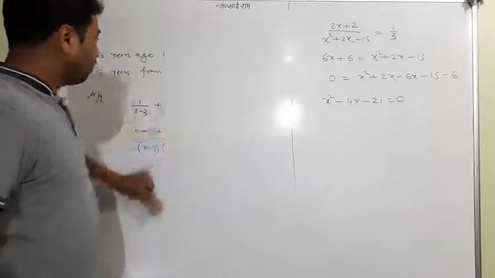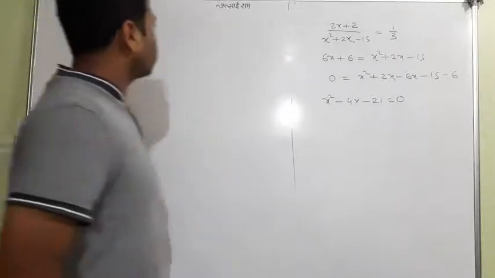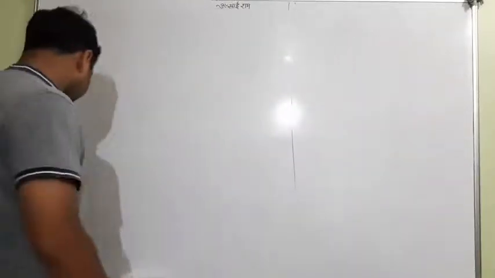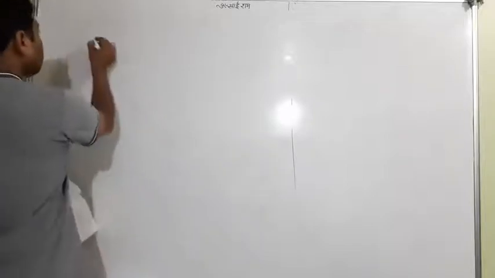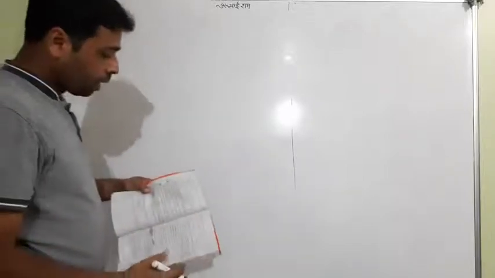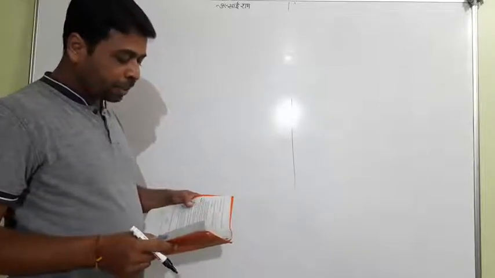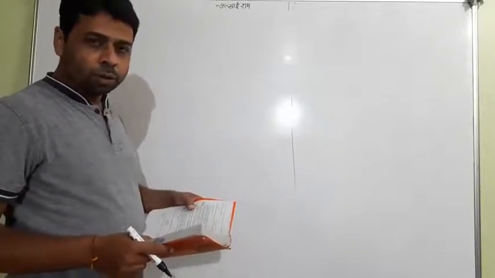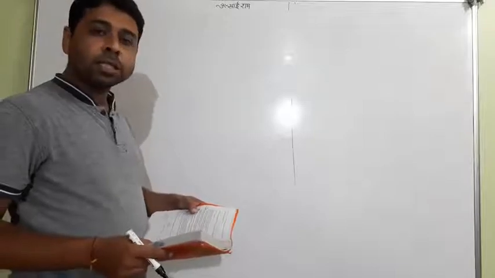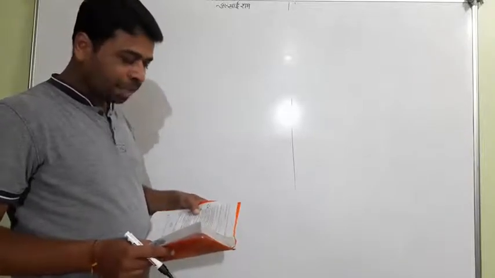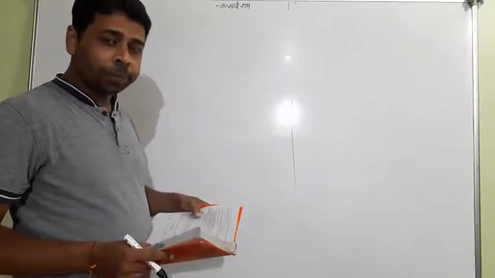Now let's look at the other question, the second question, meaning the fifth question. Question number 5 says, in the class test, the sum of Shefali's marks in mathematics and English is 30. So it is talking about the marks of a student, Shefali, in maths and English, and the sum is 30.